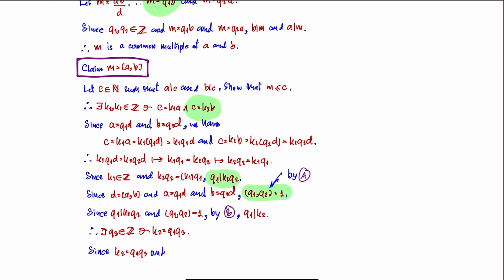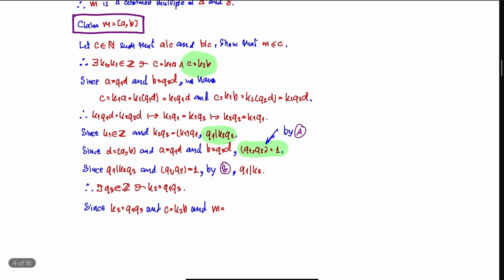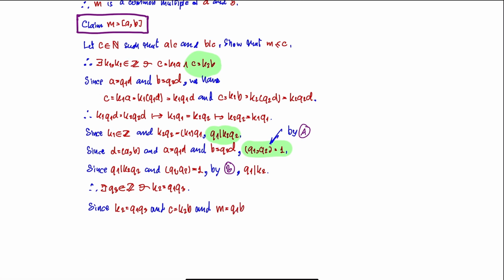Since k2 equals Q1 Q3, and C equals k2 B, and M is Q1 B, what do we have next?